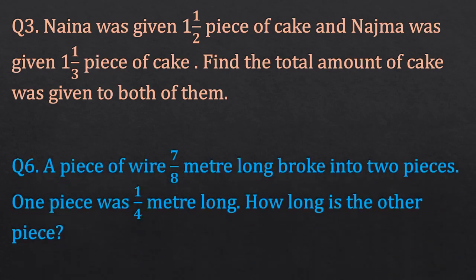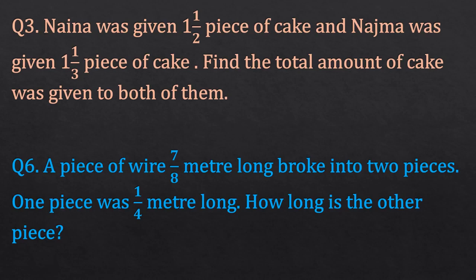Now see question number 6. A piece of wire 7/8 meter long broke into 2 pieces. One piece was 1/4 meter long. How long is the other piece? Repeating. A piece of wire 7/8 meter long broke into 2 pieces.